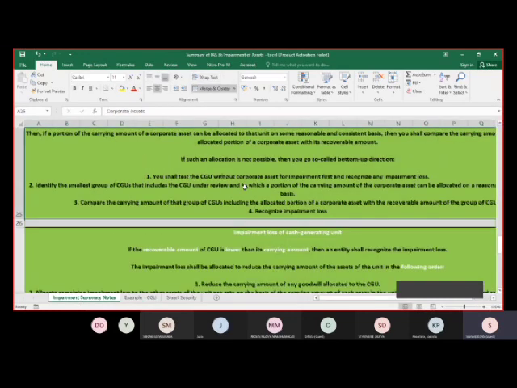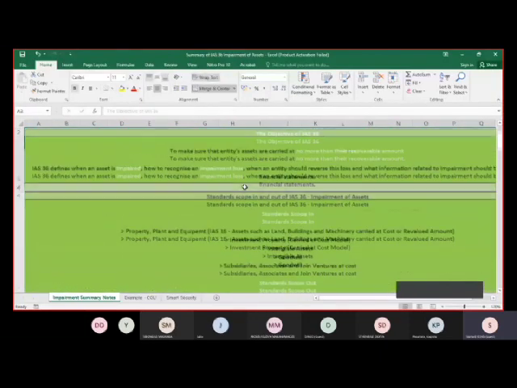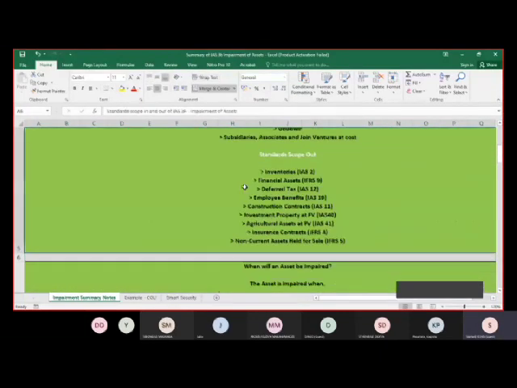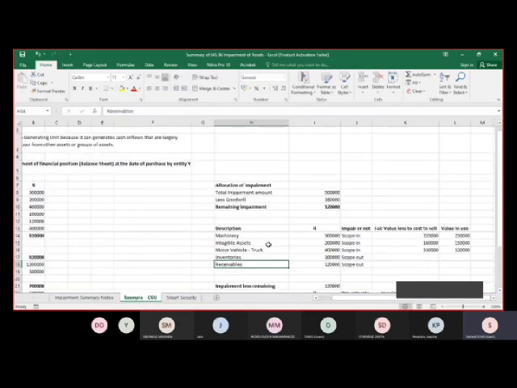If you go up here, under scoped out, inventories, IAS 2, is scoped out. Financial assets, receivables fall under here, IFRS 9. So it's scoped out, and I've excluded it here when I was doing my impairment.